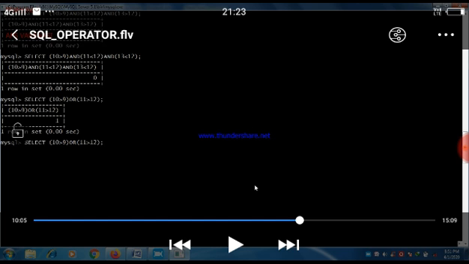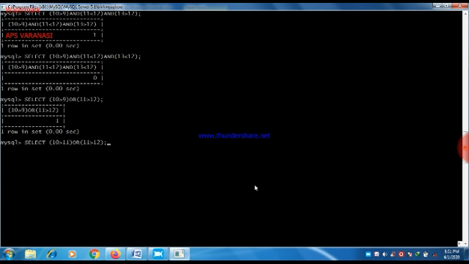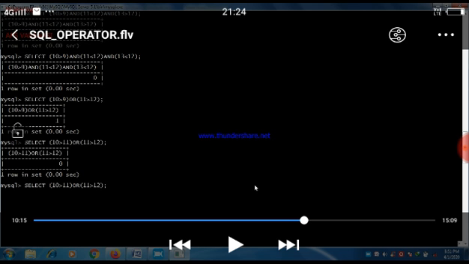Let us take another example: 10 is greater than 11 or 11 is greater than 12. The answer will be 0. Why? Because 11 greater than 12 is false, and 10 greater than 11 is also false. So both statements are false, so our final answer will be 0.